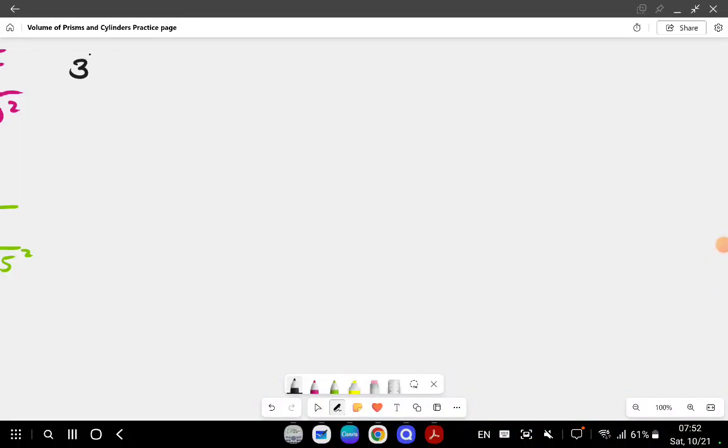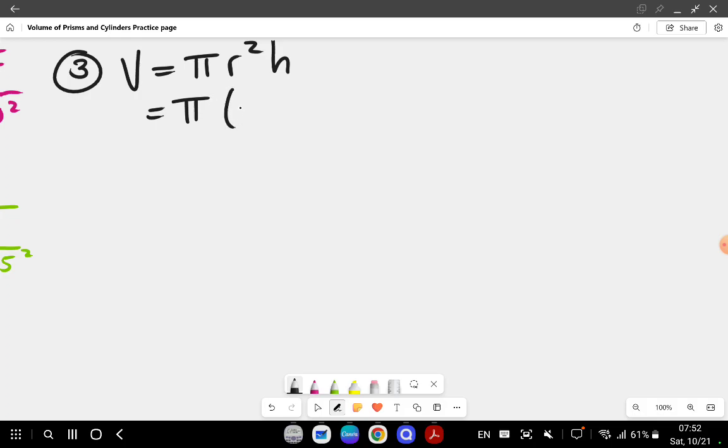Question number 3 is a cylinder, and our formula for cylinder is volume is pi r squared h. So this is pi. My diameter is 16, so that means my radius is going to be 8 millimeters. I'm going to square that and multiply it by 17.5 millimeters.